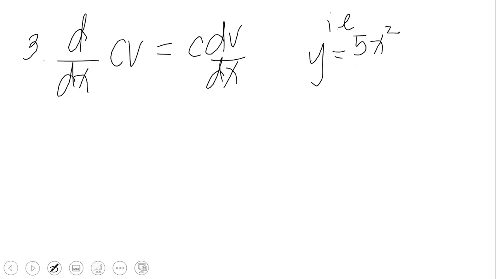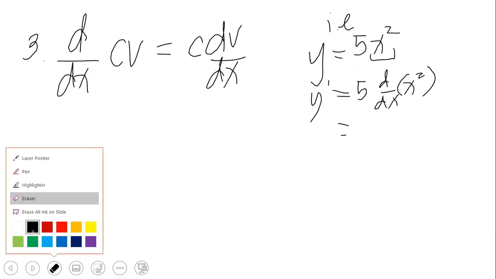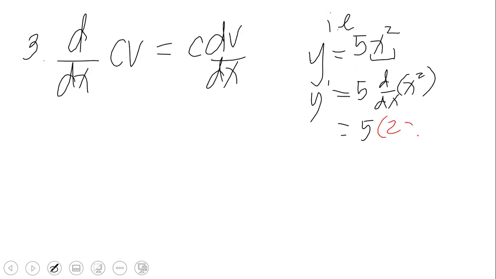We need to take the derivative, y prime, which is 5 times the derivative of x squared. Apply the differentiation power rule we discussed last time: the derivative of x squared is 2x. So rewriting, y prime equal to 10x.